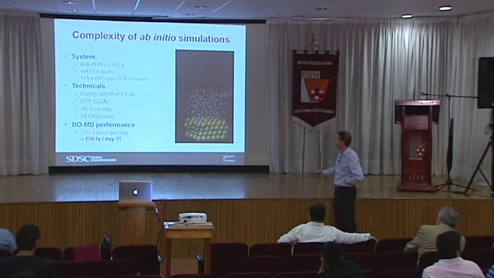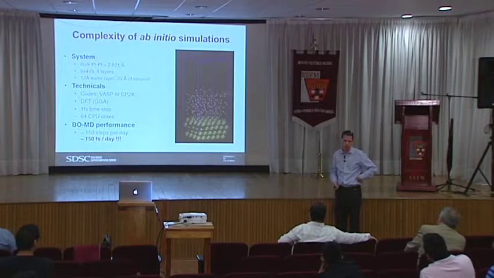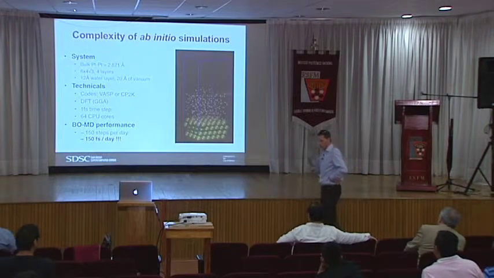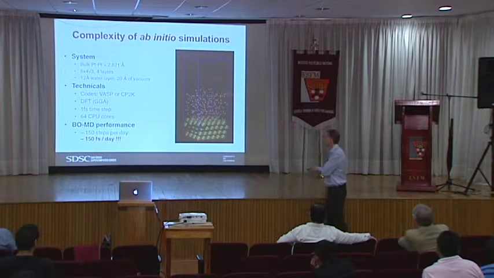What we get is basically 150 steps per day. So you wait a day, you get 150 femtoseconds of simulation. So if you want to simulate, say, 10 picoseconds, you have to wait 2 months, so it's computationally expensive.